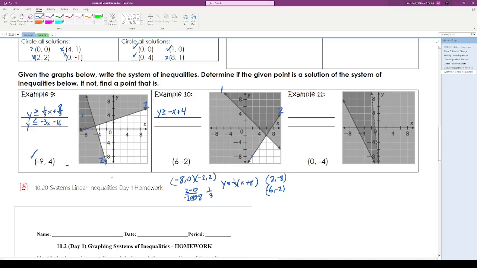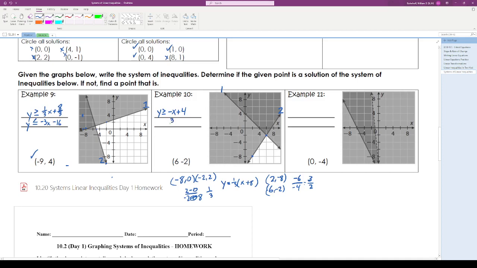So to calculate our slope, we'll do -8 minus -2, that's -6. And 2 minus 6, that's -4. So our slope here is going to be positive 3 over 2. Negative divided by negative, they cancel out. So our slope is 3/2.